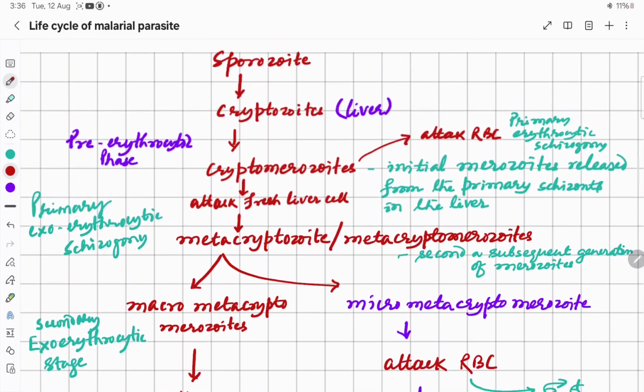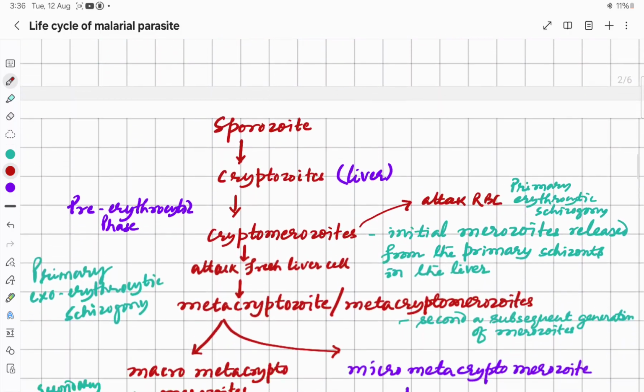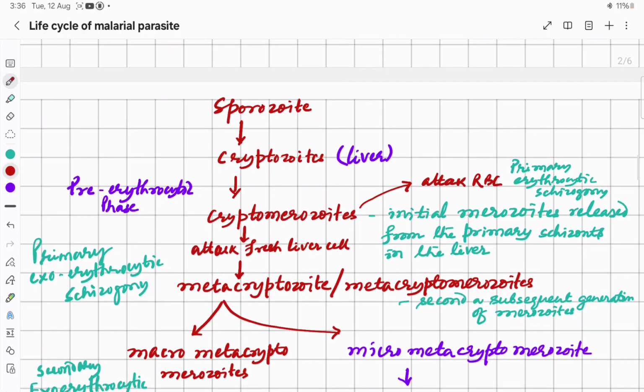So now the sporozoites enter the liver and are converted to cryptozoites, and these cryptozoites are released from the liver as cryptomerozoites. So this is the pre-erythrocytic phase. Then some of them attack fresh liver cells.